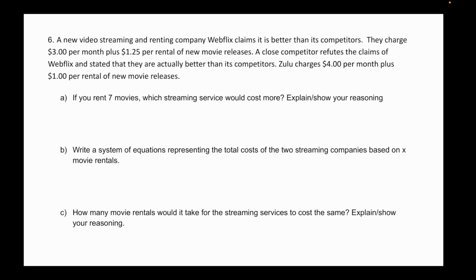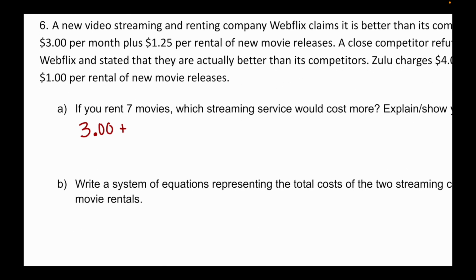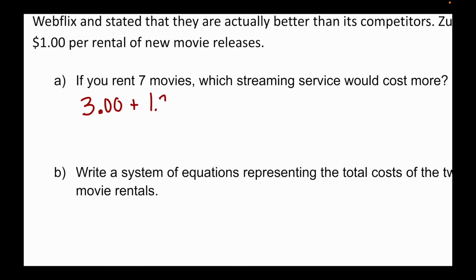So Webflix, if we want 7 movies, that would be $3 plus $1.25 per rental, so 1.25 for each movie that we're renting. I'm going to do this on my calculator here just to make sure I don't make a mistake. 1.25 times 7, that's $8.75 plus the $3 is going to make it $11.75.